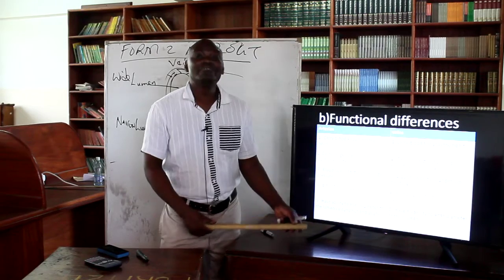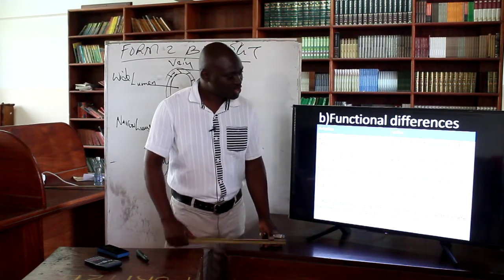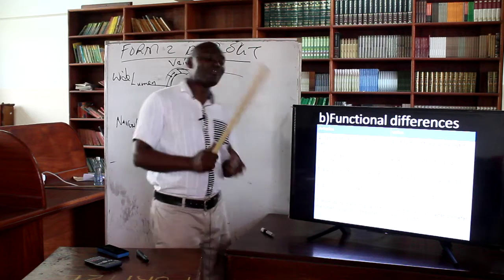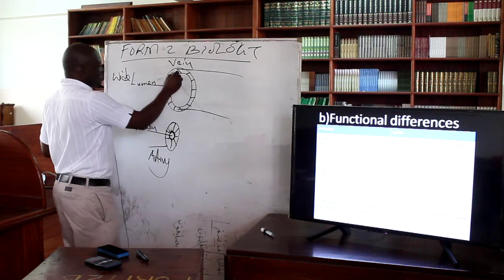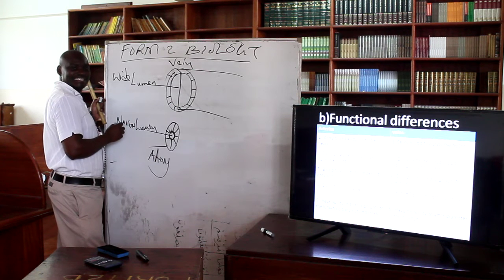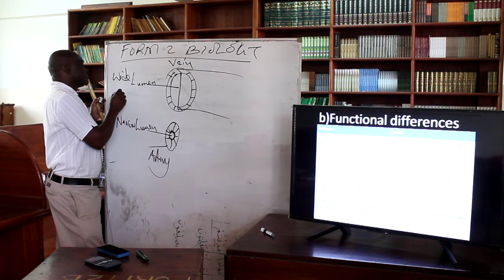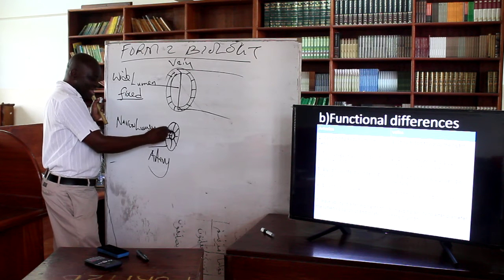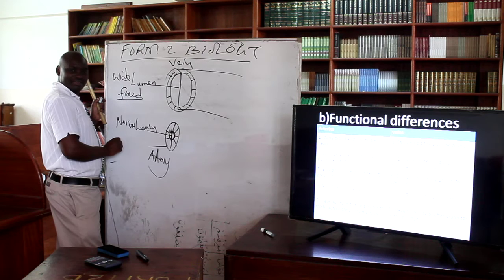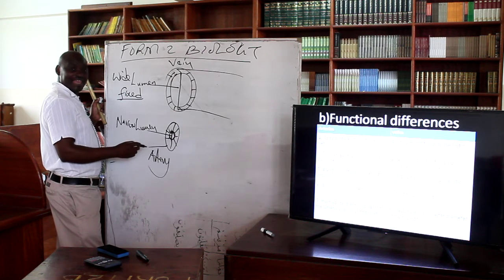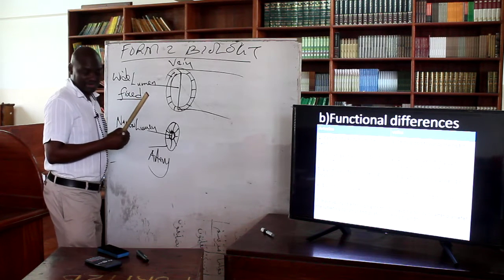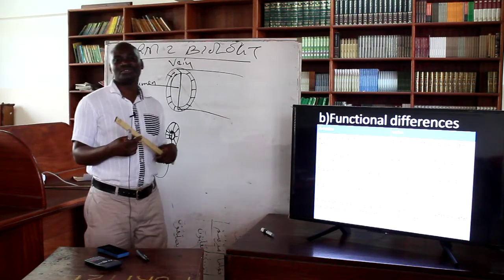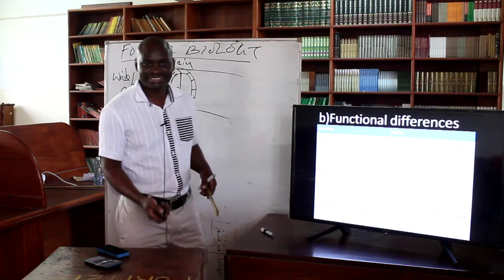Veins have no ability to alter the diameter of their lumen; it is constant, fixed.